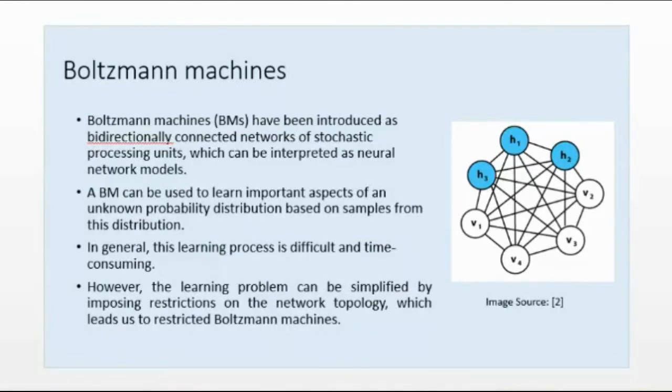And the point is that an autoencoder also behaves in this manner, with movement in both directions. But here we deal with stochastic processing units; these are all random variables, whereas in an autoencoder they are deterministic variables. This is the main thing.